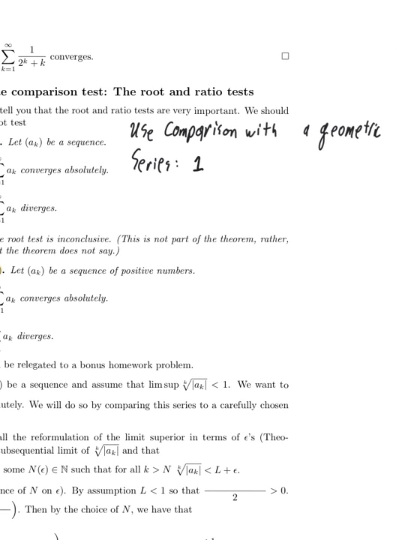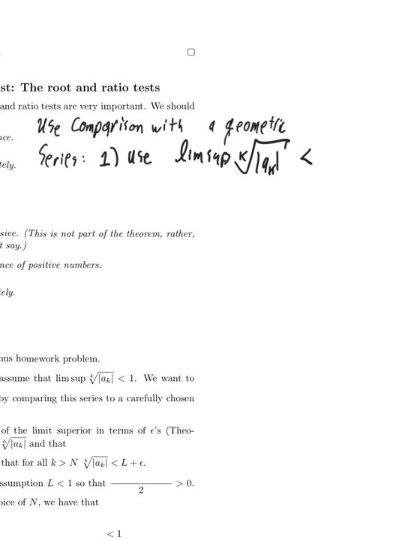So the first thing we'll do is we'll use the fact that the lim sup of the kth root of absolute a_k is less than 1 to show that there exists a constant r such that, well, maybe I'll write it this way.